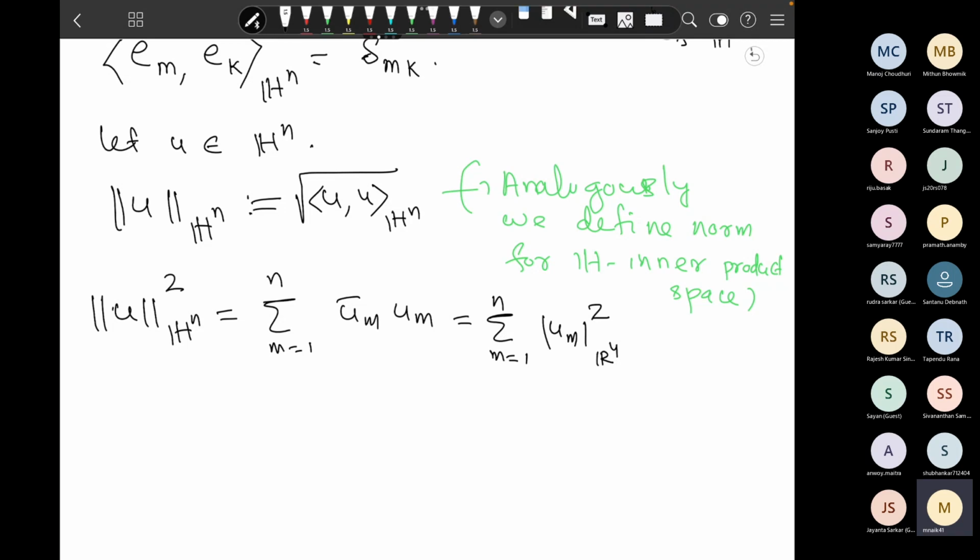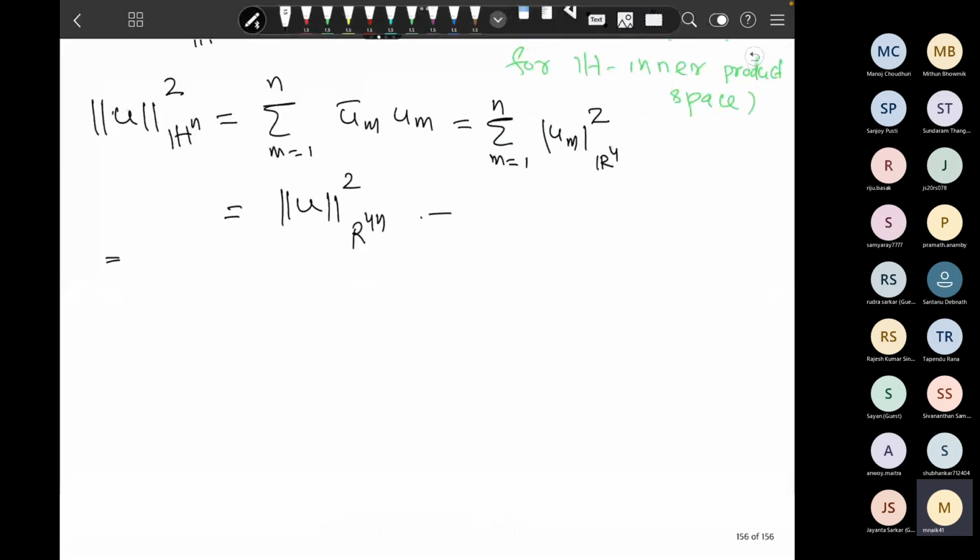In the previous lecture we have seen that if you identify H^n with R^{4n}, then this is the norm of u in R^{4n} squared. So this says that the norm of u in H^n is equal to the norm of u in R^{4n}.